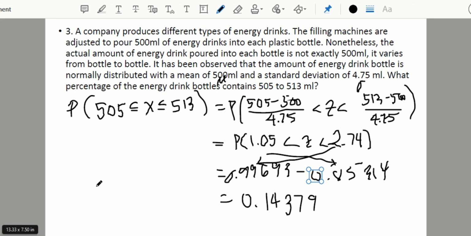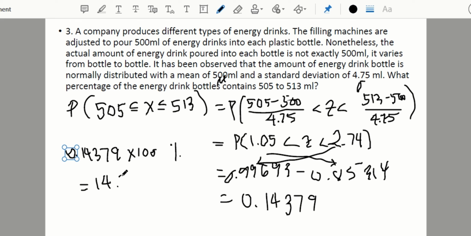So the percentage, we're asking for the percentage, so we'll just multiply it by 100%. So the answer now is 14.379%. So 14.379% of the energy drink bottles contain 505 to 513 ml.